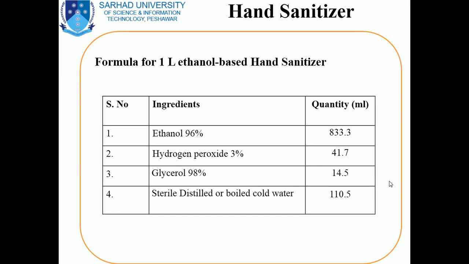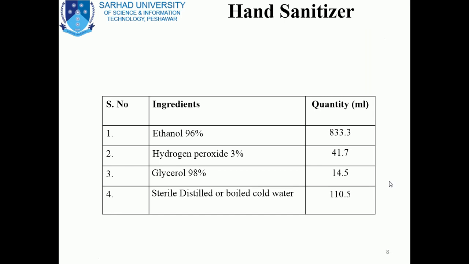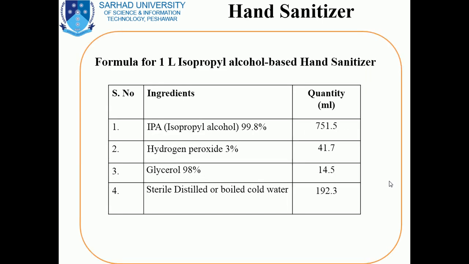You can see the first one here, IPA, that is 751.5, and the sterile distilled water, that is 192.3 in the formula 1, while the remaining hydrogen peroxide, that is 41.7, and glycerol, that is 14.5.